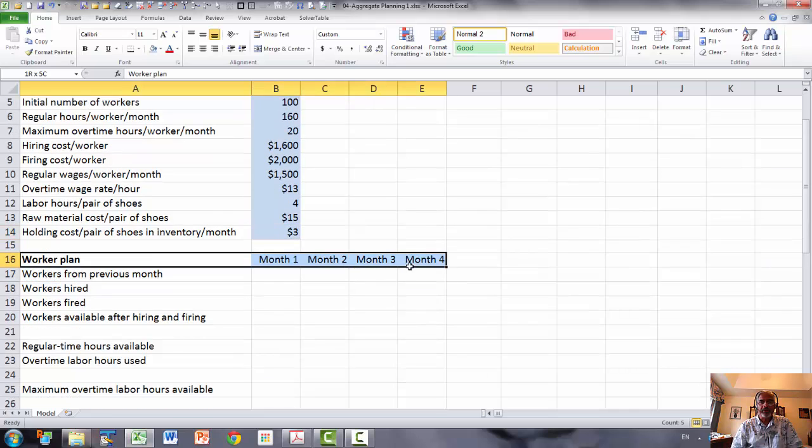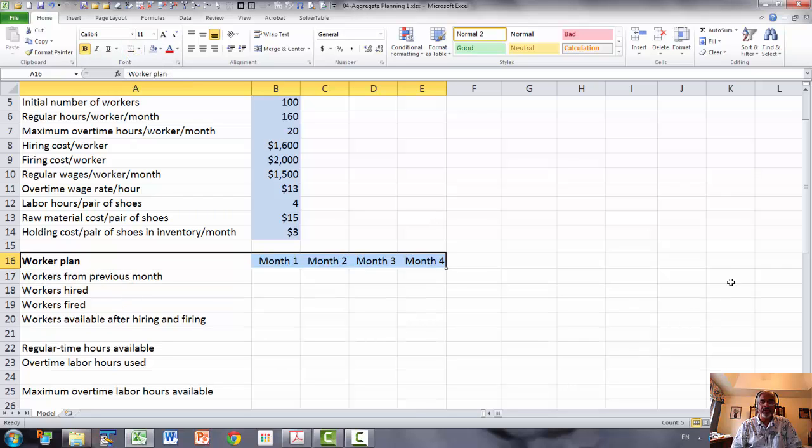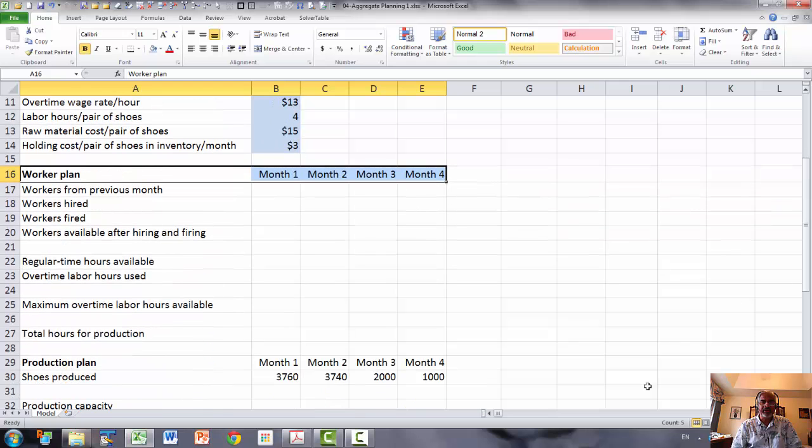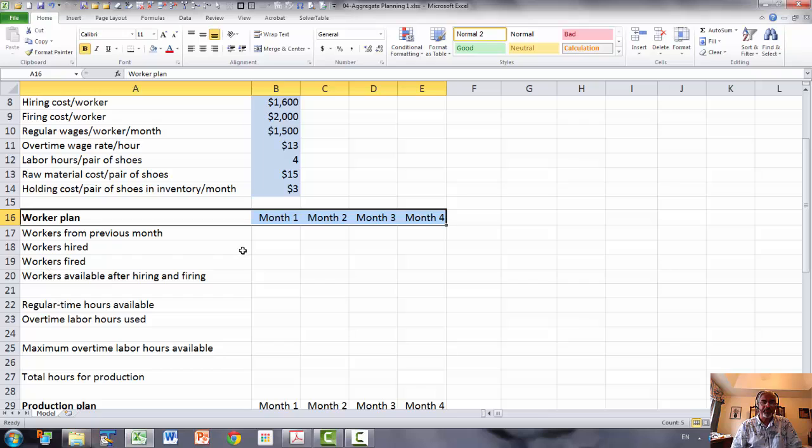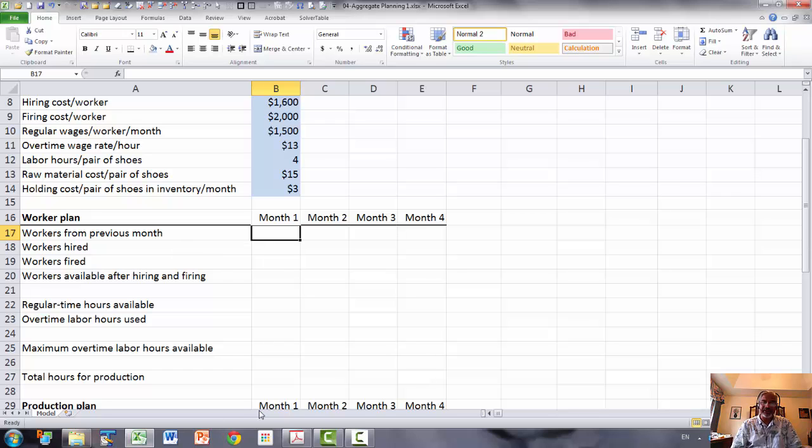Okay, so now we need to develop a production plan. Here we're going to look at how many workers we have to hire and fire, and then how many units we have to produce. So we have to set up these models. From the number of workers hired and fired, we'll get the capacity to produce, and then we'll determine the production quantity.